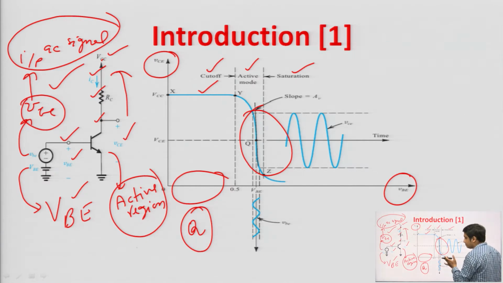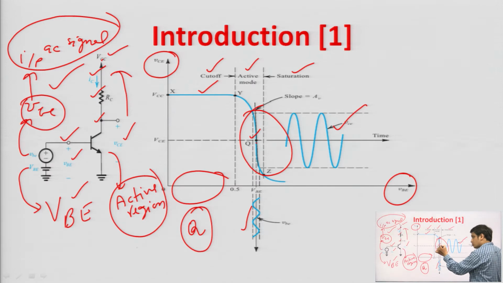Basically, biasing is done to make sure that the operating point is in the middle of the active region. When the Q point is in the middle of the active region and you apply a simple sine wave, you get the amplified sine wave as the output voltage, fine. You can see that the shape of this output signal is not changed, because your Q point is in the middle of the active mode.